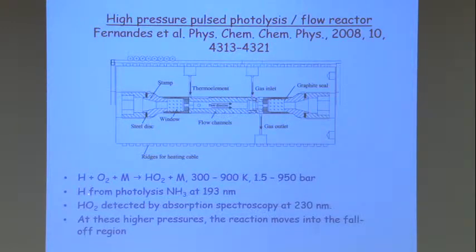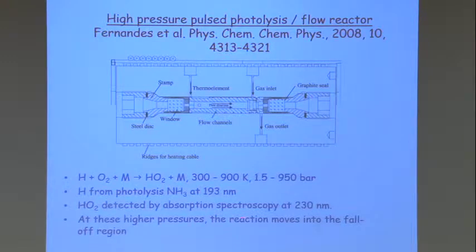They generated H from the photolysis of ammonia at 193 nanometers, and they operated from 300 to 900 K. They detected HO2 by absorption spectroscopy. They sent light through the cell and then used a monochromator to select a particular wavelength where they could detect HO2, and the particular wavelength was 230 nanometers.